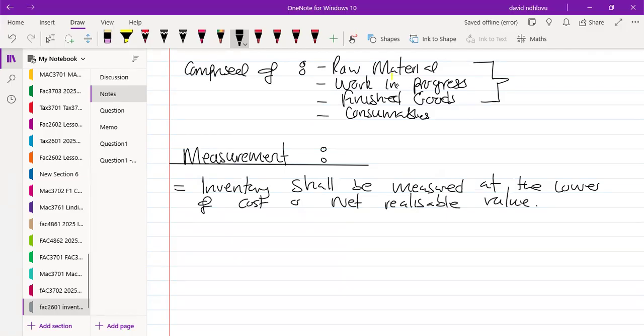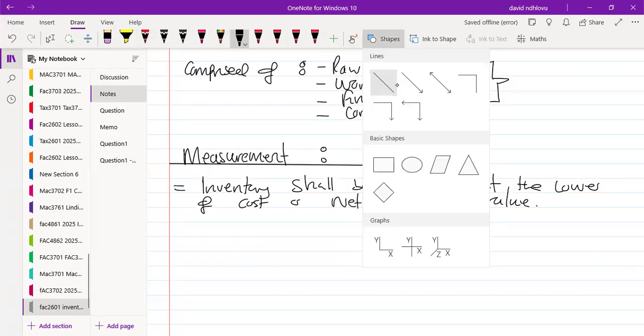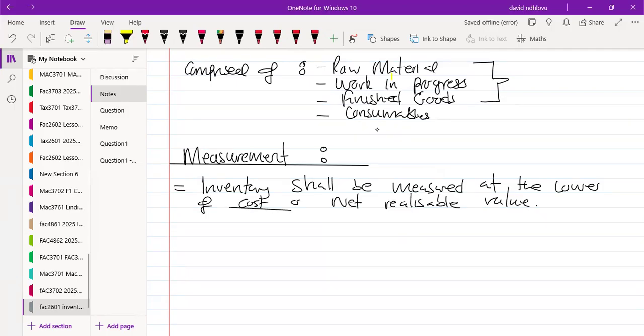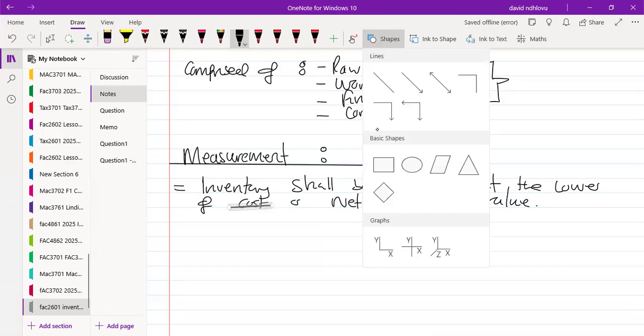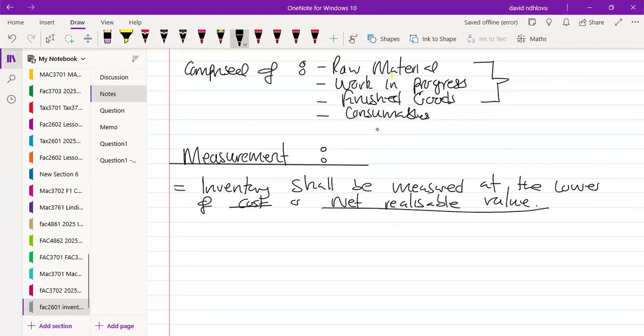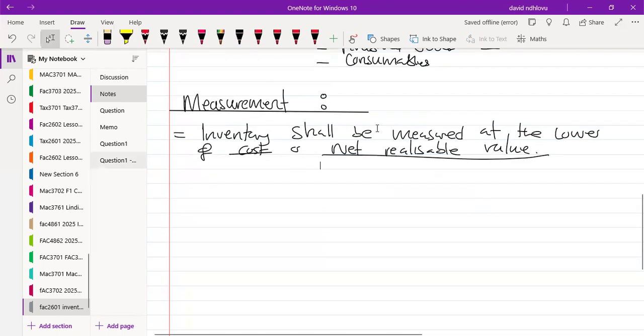So there are two important figures when we want to determine the value of inventory. We should be in a position to determine the cost of the inventory, and also to calculate the net realizable value of inventory at the same time. These are the two important things we have to be very clear about.